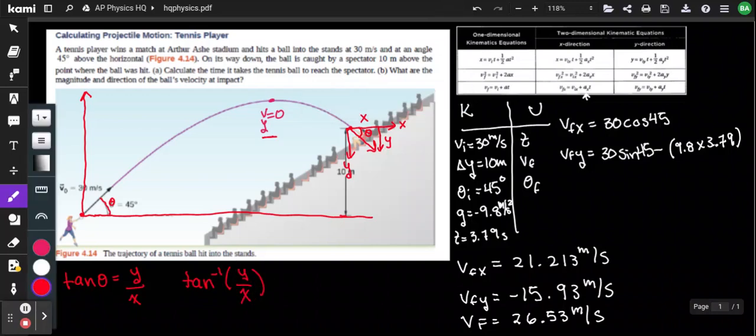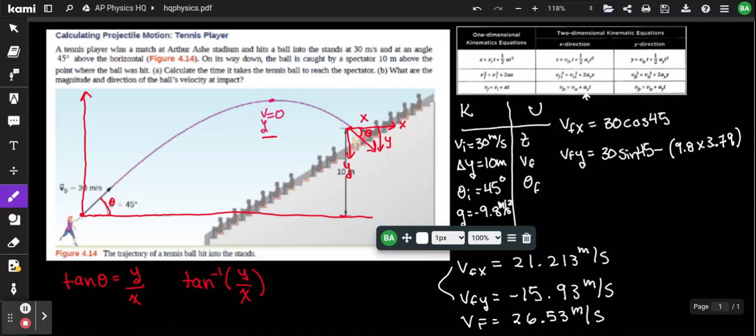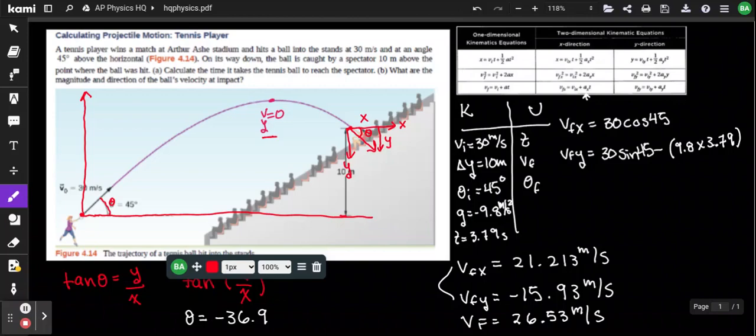Plugging our velocities into this equation, we get tan inverse of negative 15.93 divided by 21.213, and that gives us an angle of negative 36.9 degrees.